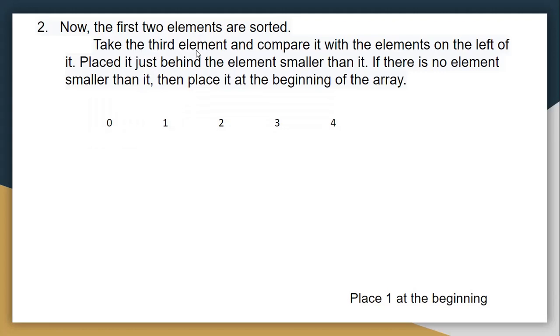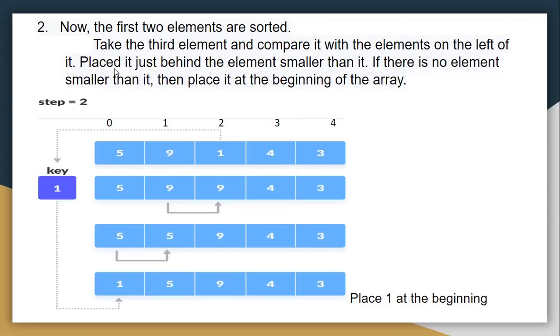Take the third element and compare it with the elements on the left of it. Place it just behind the element smaller than it. If there is no element smaller than it, then place it at the beginning of the array. Step 2.